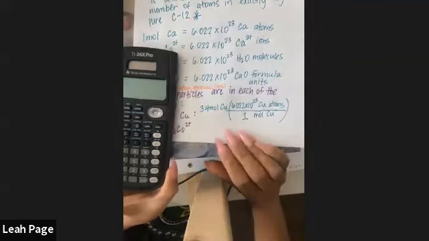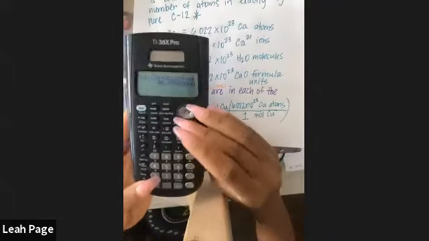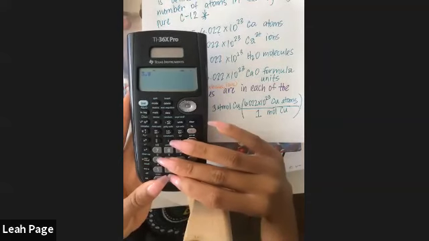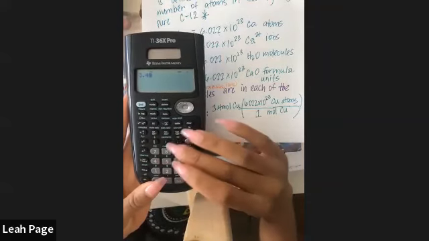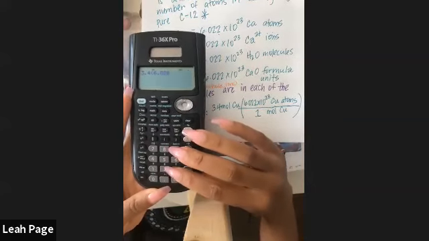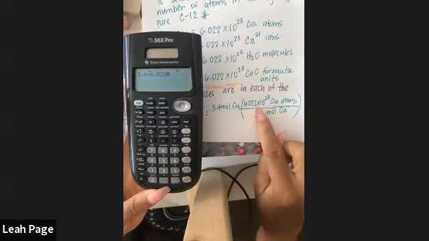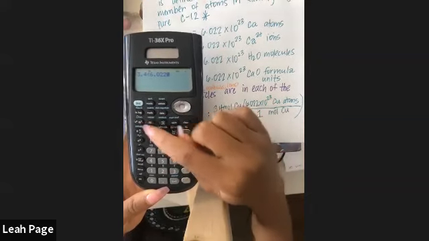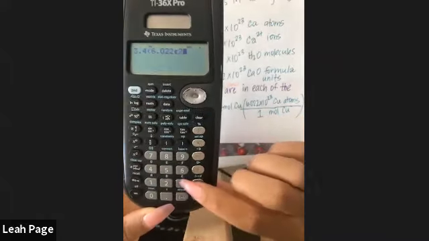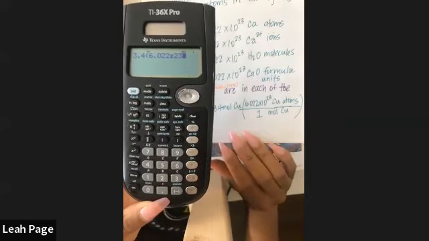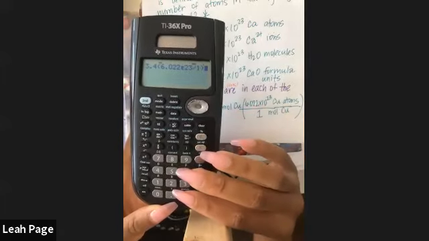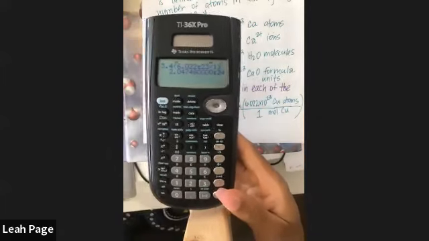We're going to type 3.4, open parentheses, 6.022. And remember, when we say times 10 to a power, we're going to hit the EE button. So we hit E, and I'm going to say 23. And then divided by 1. And we should get this number in our calculator.